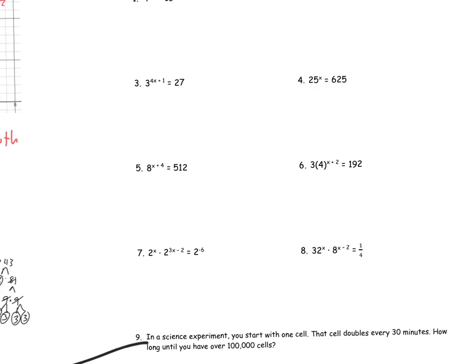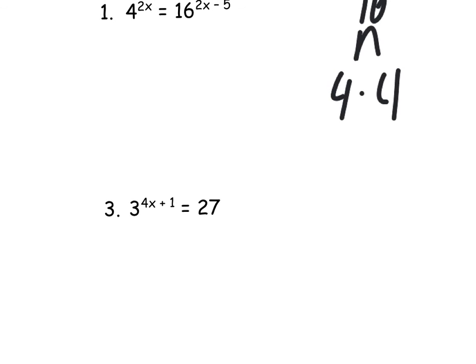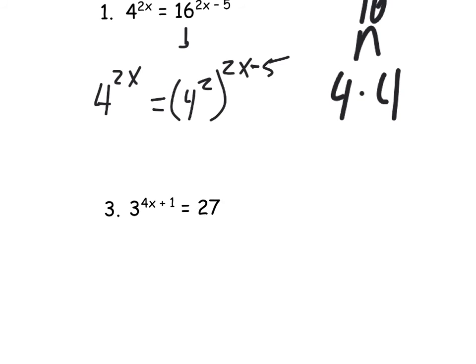Your assignment is the same thing. 16 can be a base of 4, so I'm going to help you with that first one. That's 4 times 4. So let's look at that. That's 4 to the 2x equals, well, 16 is 4 squared, but that's equal to the 2x minus 5 power. So you got to do some parenthesis work there.